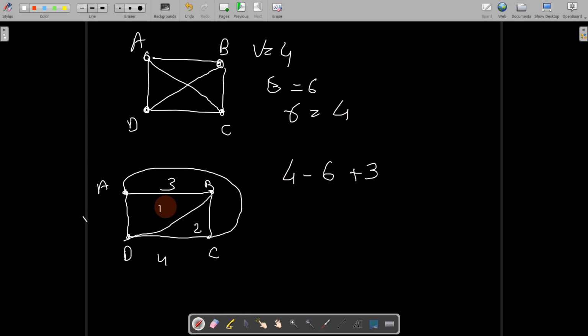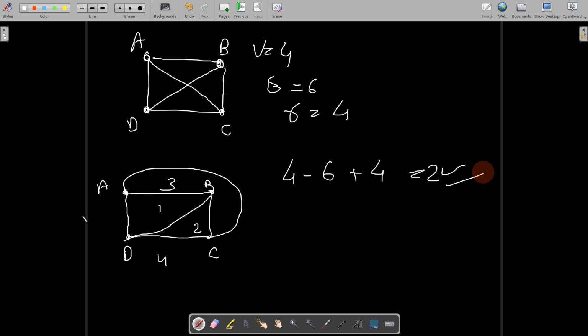Because see, we have this triangle as region 1, this second triangle as the second region, inside this AC edge is the third region, and the fourth is outside this black part. So there are 4 regions. So this will not be 3, this would be 4. Okay, so 4 minus 6 plus 4, that is 2. So this is being satisfied.